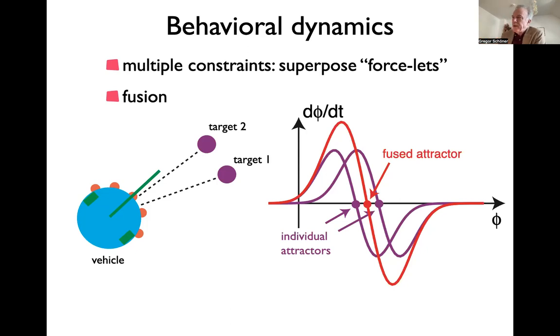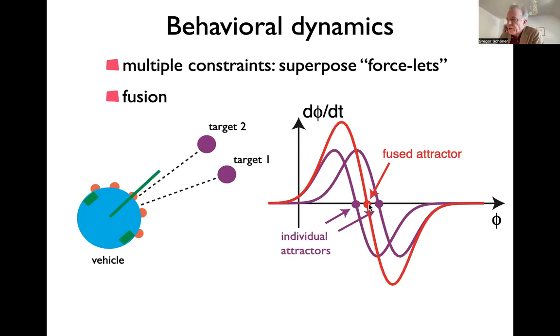But just for illustration, because it makes it easier, and then we'll go to the real case, which is obstacle avoidance. Let's say I have two targets that are close to each other in angle, so that I could be heading into that general direction. If I were there, my vehicle would be on top of or close to either target. In that case, I want to fuse the information from these two targets. If these are the individual targets, with the attractors, two forces, I just add these forces, and you get this red curve.